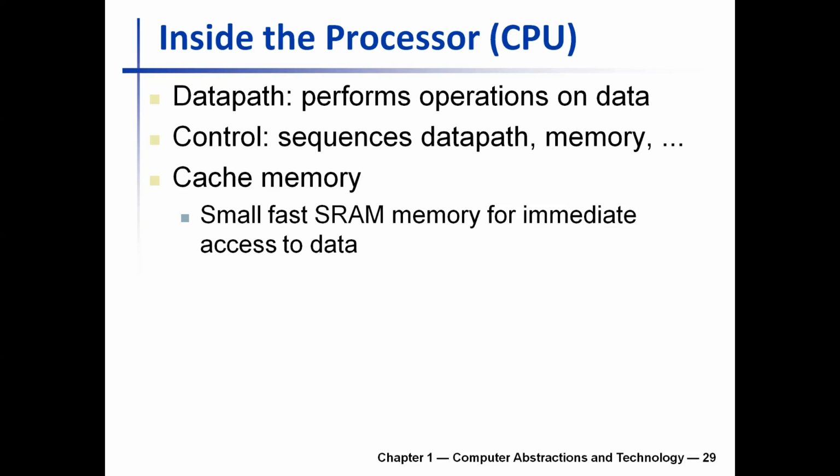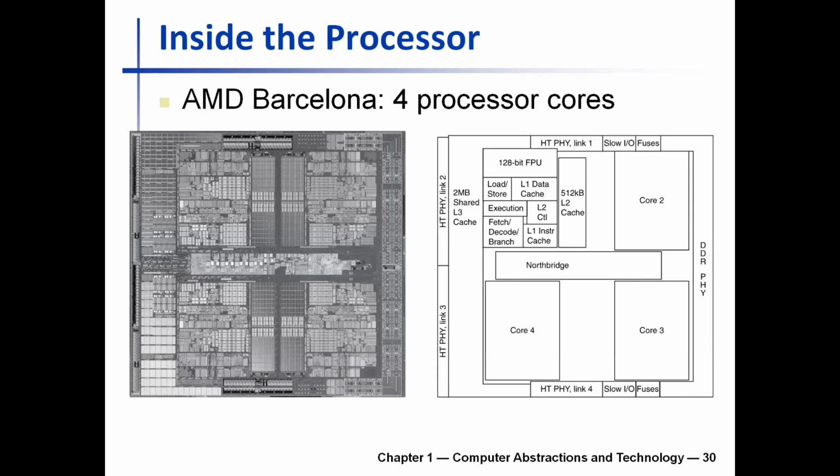So you might want to be able to store some information on the chip itself, on the CPU itself. So you could put some fast form of memory on the chip very close to the CPU. And that, we refer to as cache memory. You will learn how this works and how to implement it, and you will actually go and implement one yourself. Right. So those are the main components that you have in the CPU.